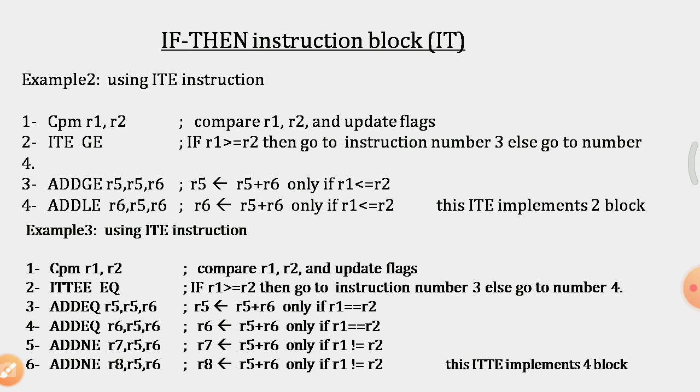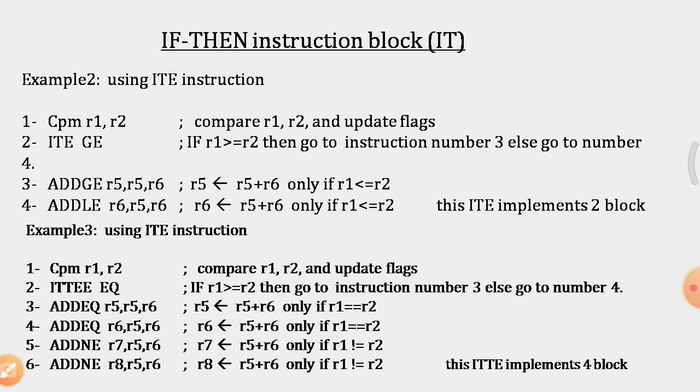So in this program, CMP R1, R2. Again, we are going to compare the register values R1 and R2 and update the flags. Then ITE GE. GE is a condition code to check greater than or equal.